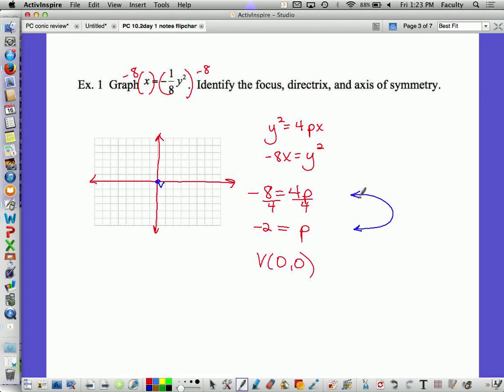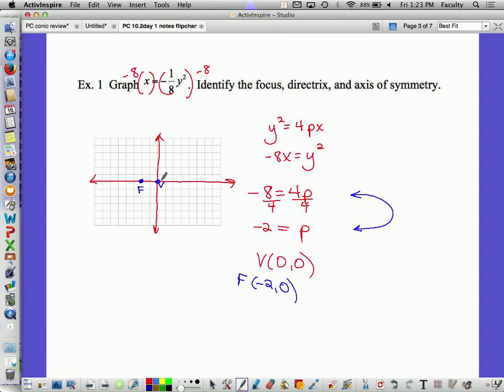So what that's telling me is if it opens left, the focus is p units inside the parabola. If p is 2, and in this case it's actually negative 2, my focus is negative 2, 0.